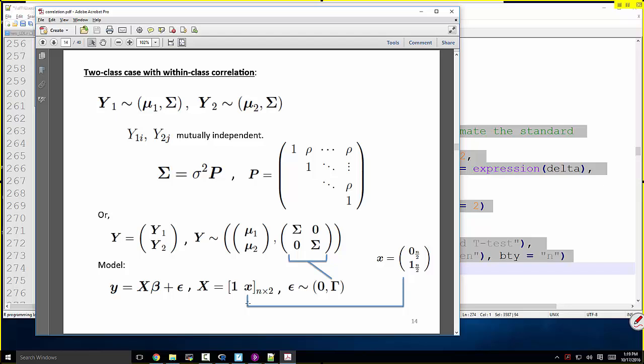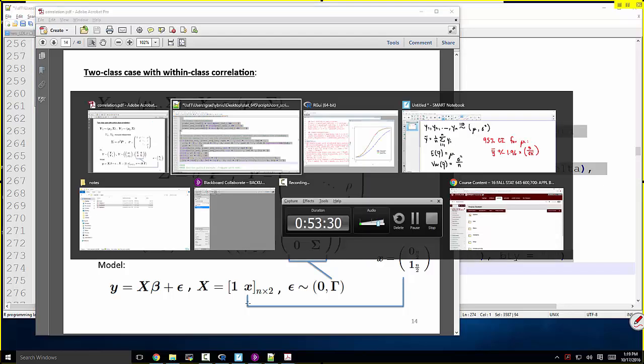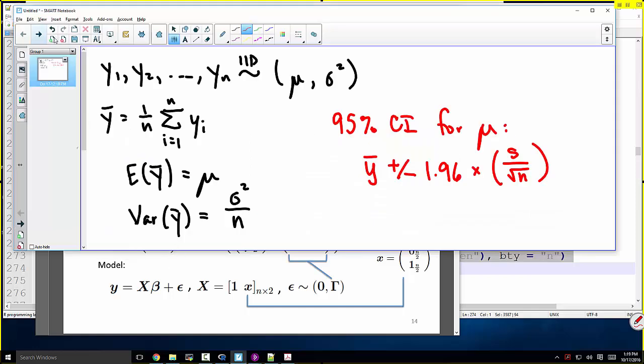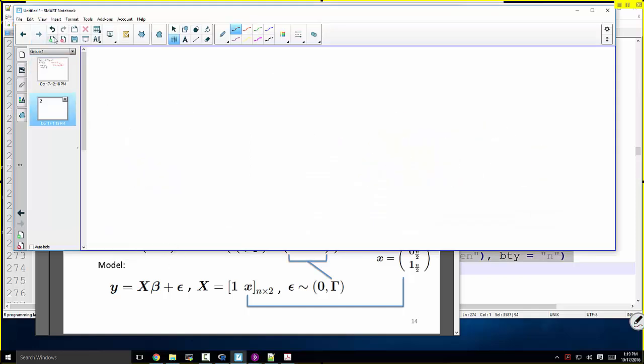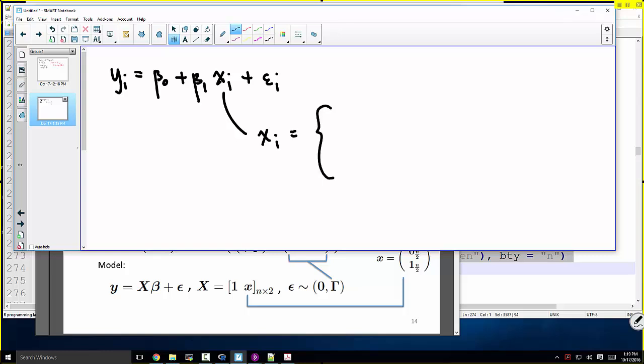This would essentially look like this model. Yi is beta 0 plus beta 1 xi, where xi is equal to 0 if individual i is in the control group, and 1 if individual i is in the treated group.